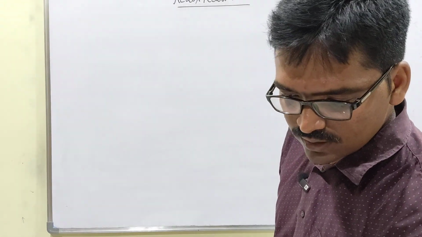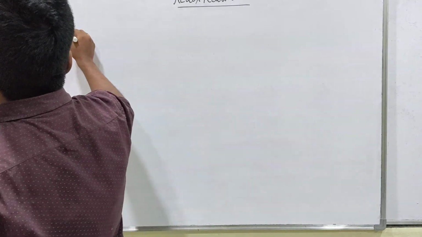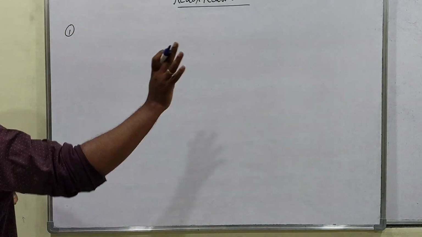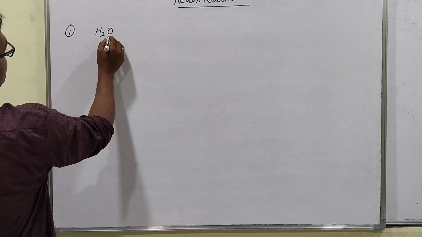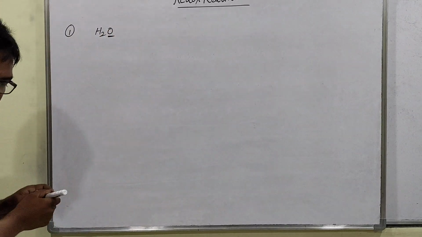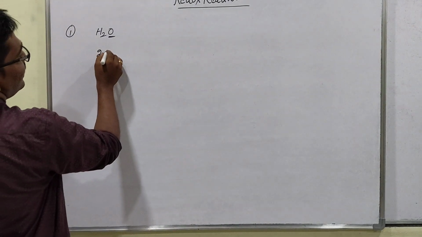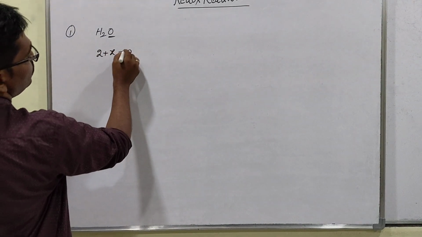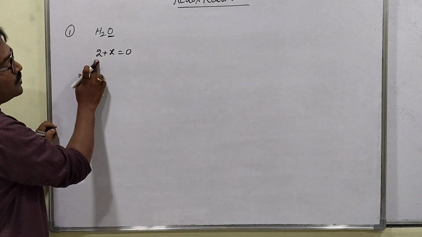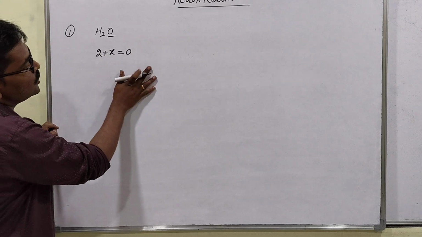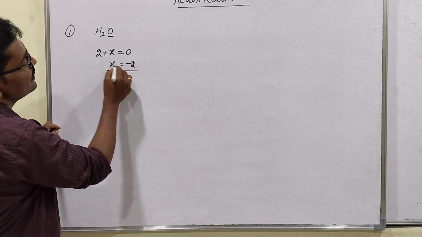For example, oxidation state of oxygen according to the formula: H2O. If you want to find the oxidation state of oxygen, take 2 plus X equals 0. Hydrogen is plus 1, so 2 hydrogens give plus 2, plus X equals to 0, then X equals -2.